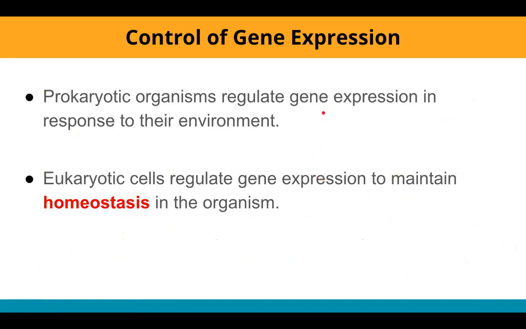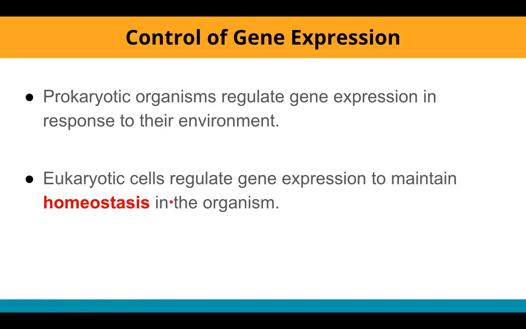So prokaryotic organisms regulate gene expression in response to their environment because of their simple structure. Usually they respond to whatever signal they have in the environment. It can be through nutritional signals, or through the presence of molecular signals. So that is how prokaryotic organisms generally control gene expression.